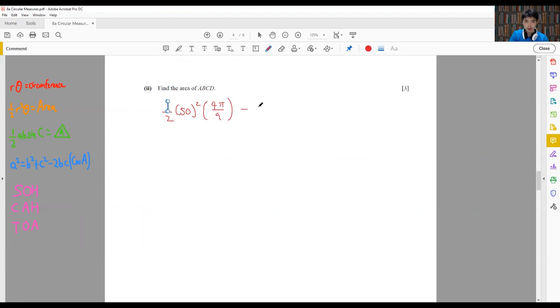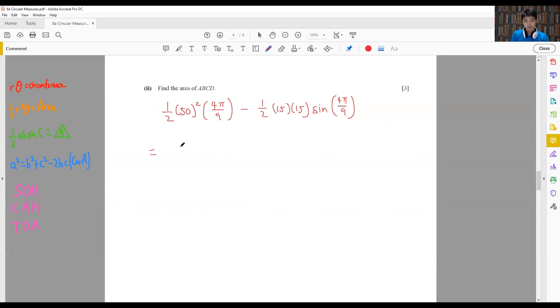And we're going to minus it off with the area of the triangle, which is half times AB, which was 15, times 15, sine C, again the same angle, 4 pi over 9. Type everything into the calculator.